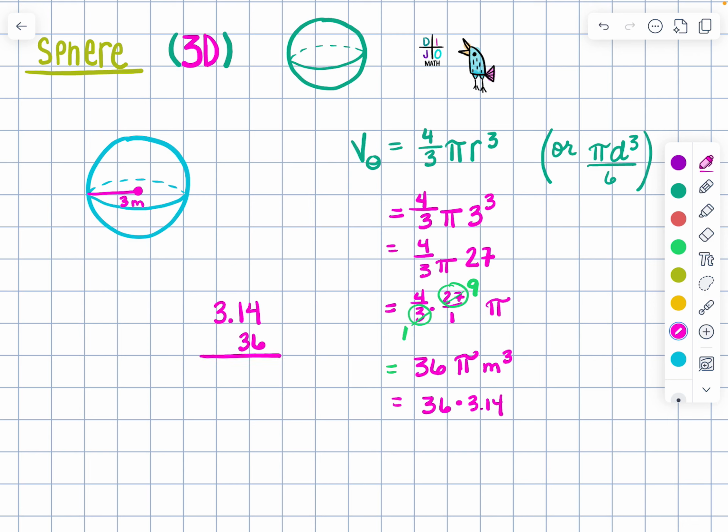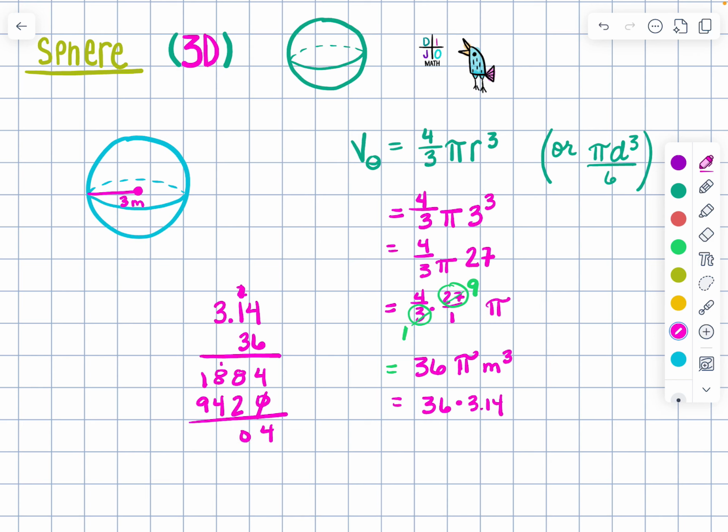Sometimes you aren't allowed to use a calculator, possibly on a standardized test, so it's really good to practice this. 4 times 6 is 24. 6 times 1 is 6, plus 2 is 8. 3 times 6 is 18. Placeholder, 3 times 4 is 12. 3 times 1 is 3, and 1 is 4, and 3 times 3 is 9.